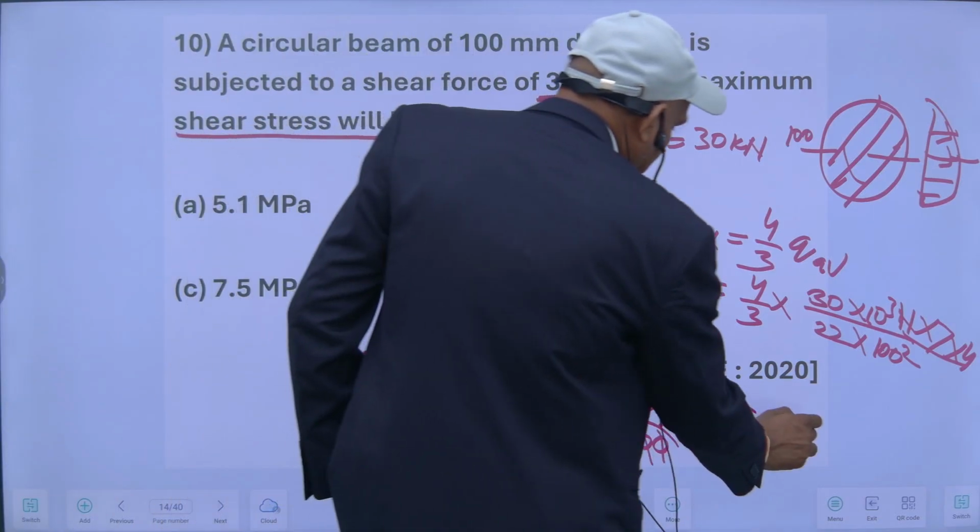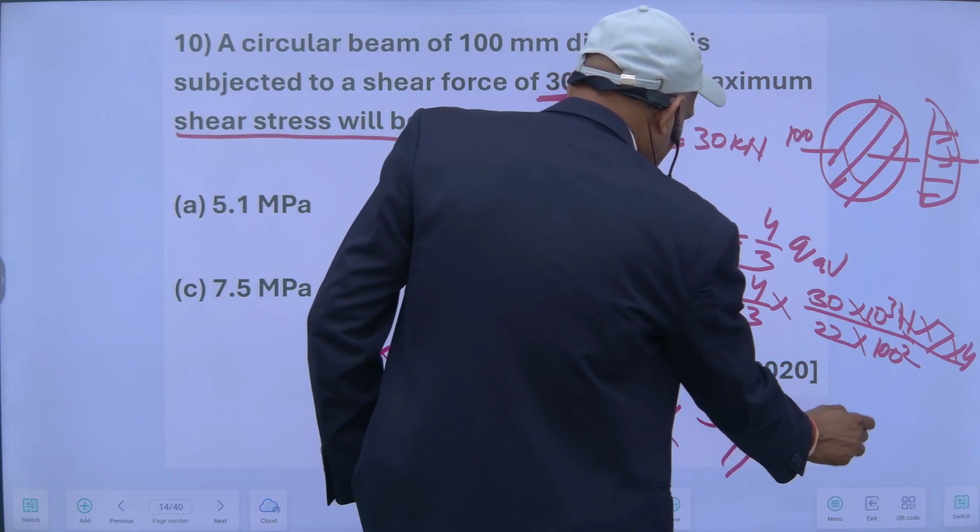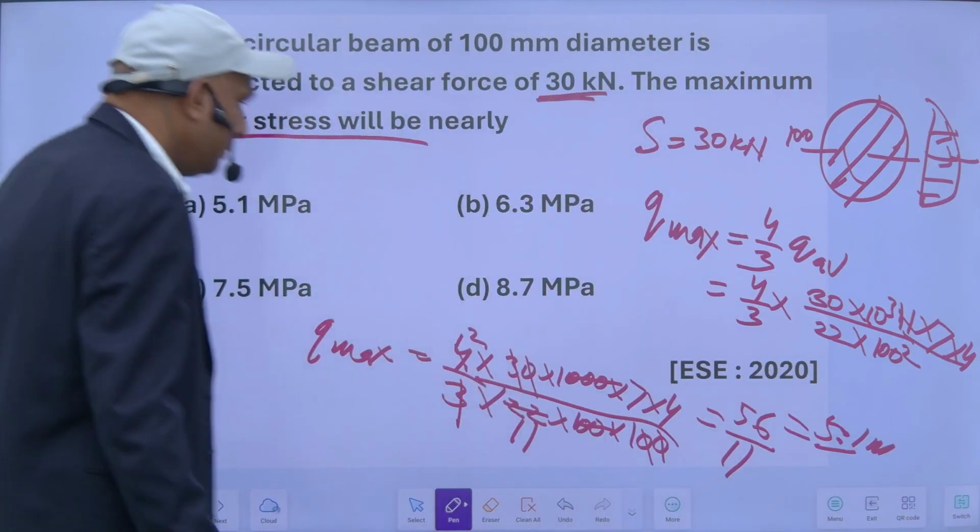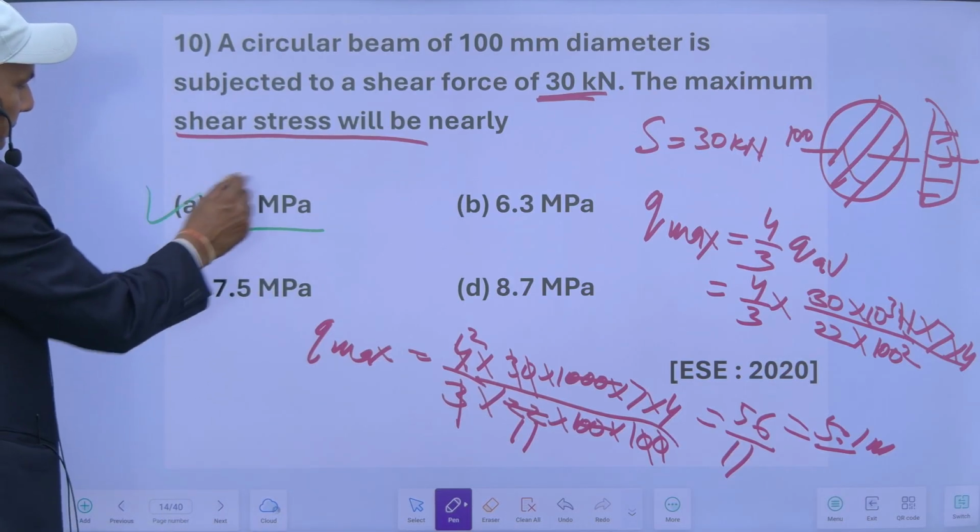It will be 5.1 MPa. It means this one is the right option.